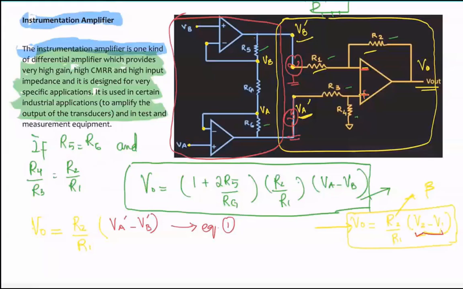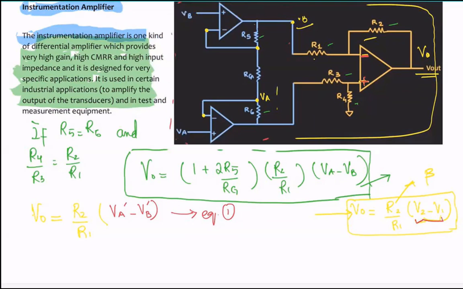Now, can anybody tell me the question I have here: what is the current flowing in here at the input of the buffer? Yes, folks, zero. There's no current flowing over here, meaning whatever current flows across RG is also the current flowing across R5.